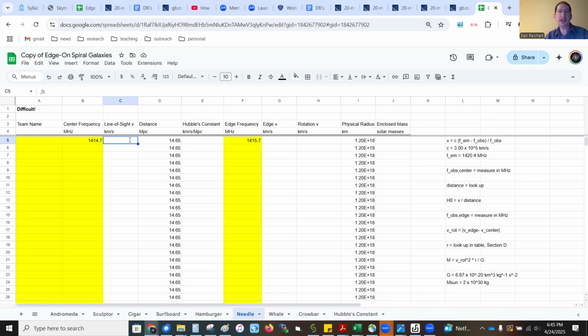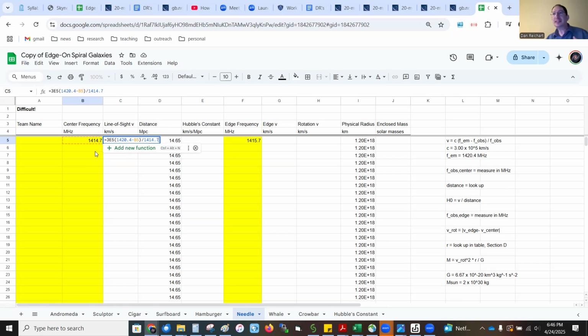I'll type the equation in like I did before. The velocity is equal to the speed of light, 3e to the 5, times the emitted frequency, 1420.4 minus the observed frequency, and you divide by the observed frequency. With wavelength, you divide by the emitted frequency.